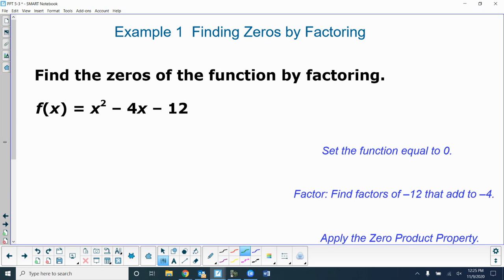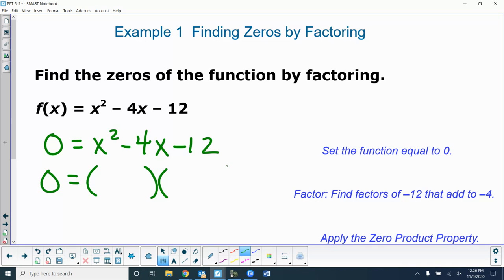It's a regular trinomial. What's my A value? 1. What's my B value? -4. What's my C value? -12. These are really, really simple when my A value is 1, like this one. So set it equal to 0.